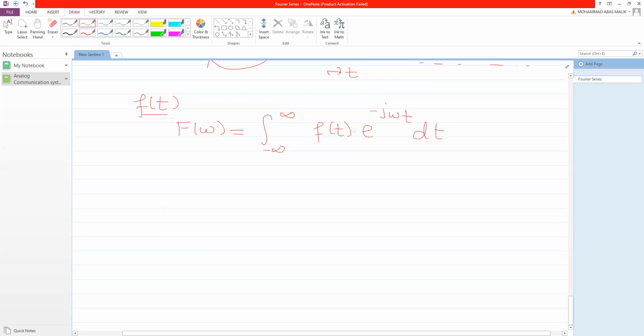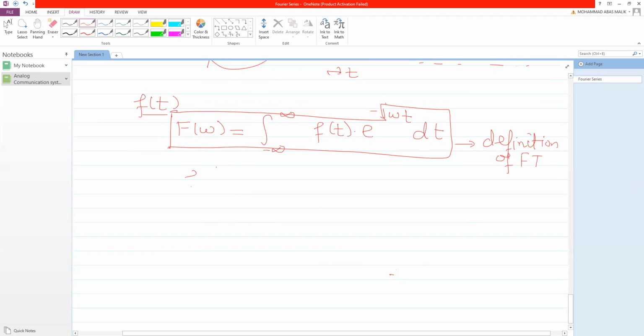This is the mathematical definition of the Fourier transform.